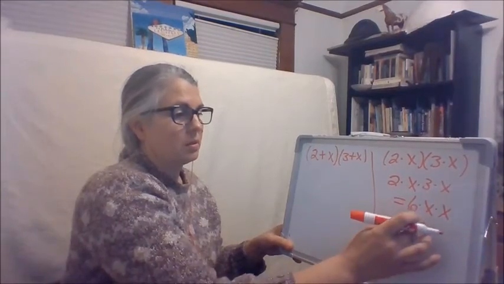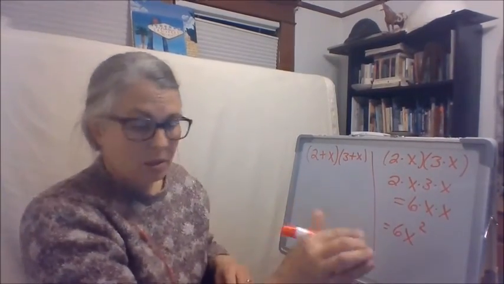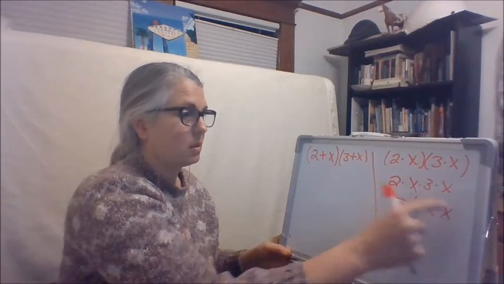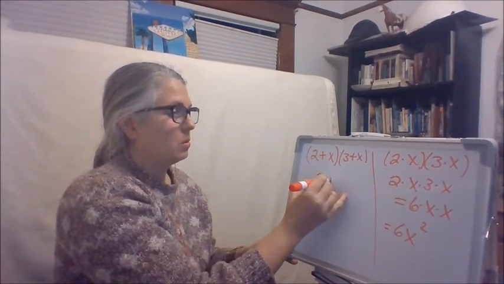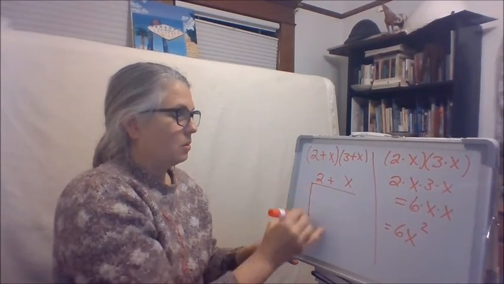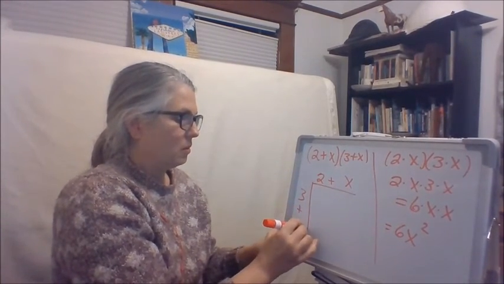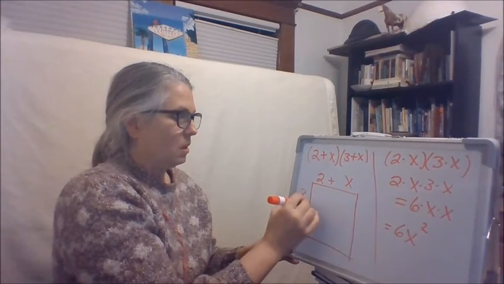This thing you might want to do the box model because it's 2 plus x and a 3 plus x. Okay. 3 times 2 is 6, 3x, 2x, x times x.